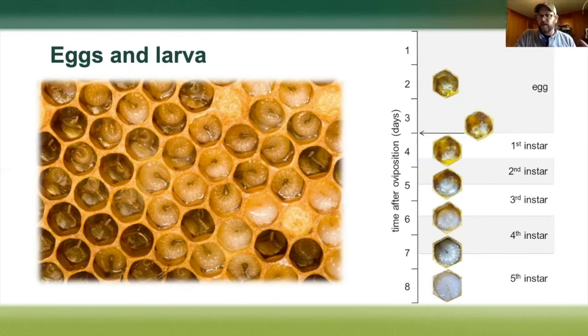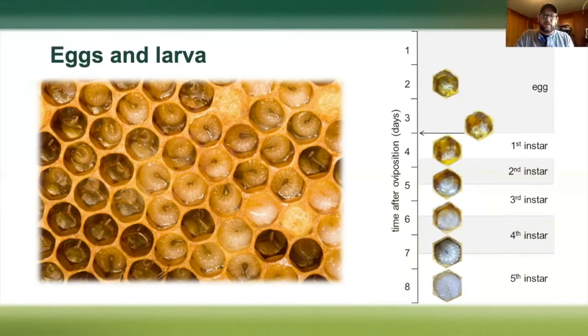It goes from an egg, it turns into a larva, and then it goes through a pupal stage, and then turns into the adult stage, which is completely different looking than the larval stage. Here, you have what looks like a grub, a little worm-like larva. That larva is going to turn into a honeybee at some point. But in the immature stage, you're going to have this larval stage.